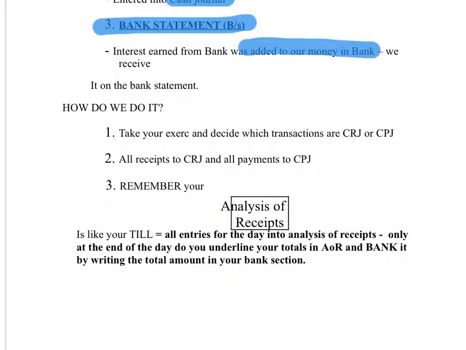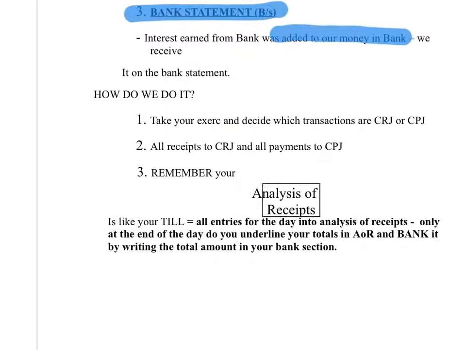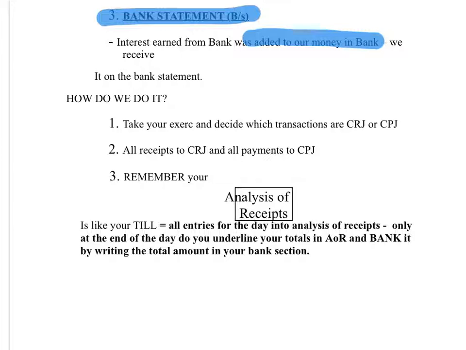Now you've got to remember there is a special account in your cash receipts journal and it is called your analysis of receipts. Now this analysis of receipts is like your till.